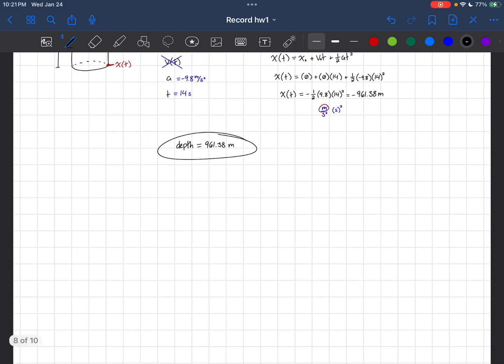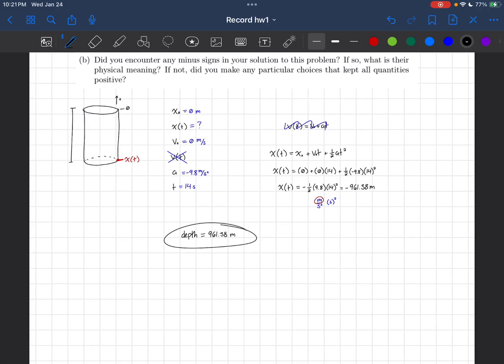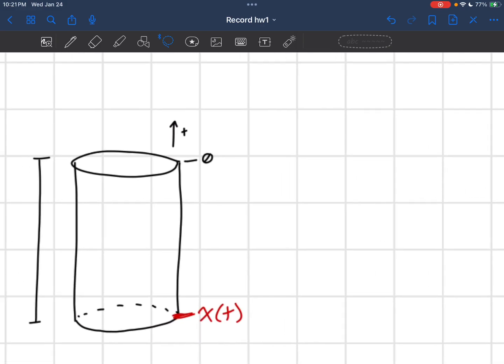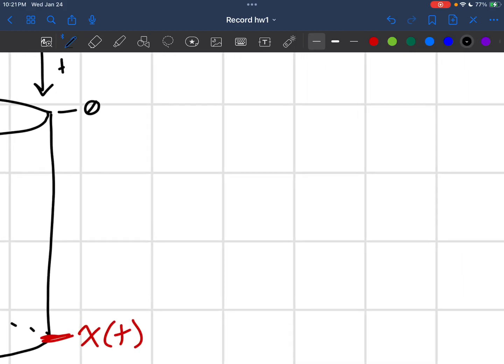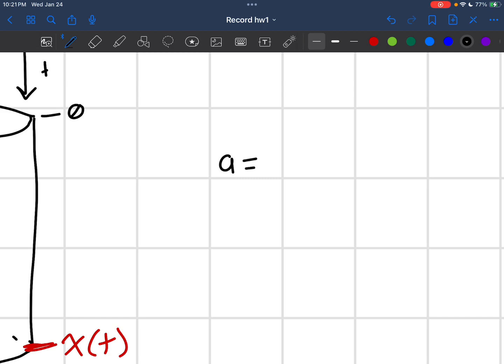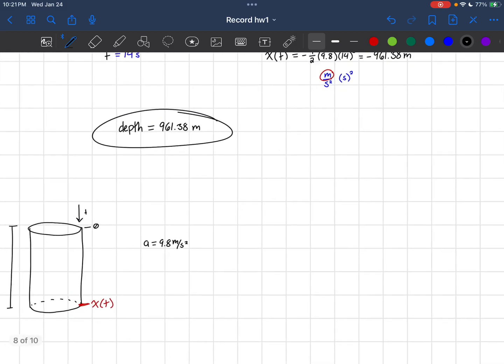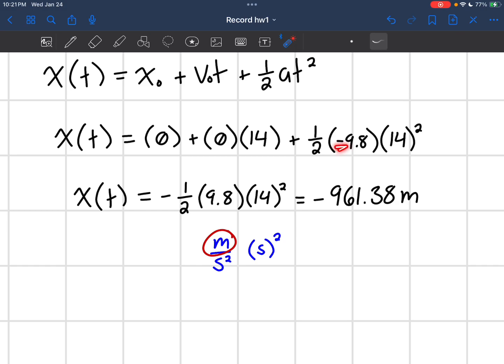And we also want to remember that whatever coordinate system I decided to pick, it would have worked out. So if I took my well drawing, pasted it here, and had I just flipped it and said that down is positive, then my acceleration, instead of being negative 9.8, would have just been positive 9.8 meters per second squared. Up here, the negative sign of my acceleration was what caused my position to end up as negative in the end.